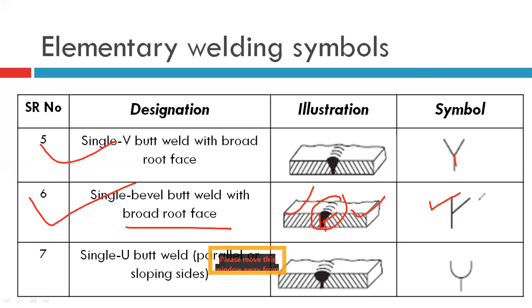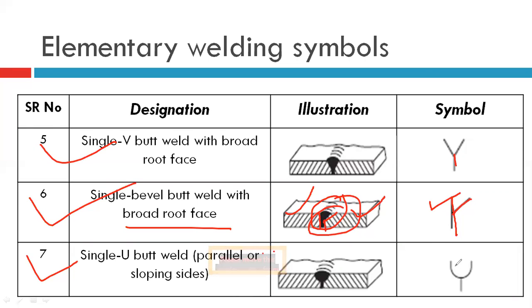Right. See that the shape should be one is the vertical line, the first plate, and another one is your slope up to the half portion of the width. See here we are showing. So this is your single bevel butt weld with broad root face. And the seventh one is your single U butt weld, what it is given, sloping sides on both sides, right? So parallel or sloping sides we can say.